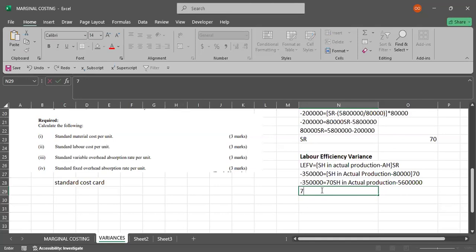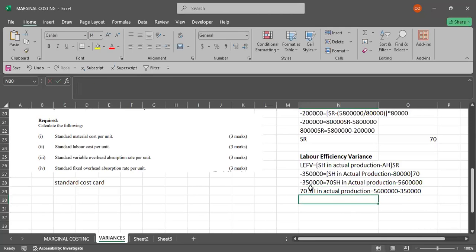So 70 standard hours in actual production is equal to, now this will be a plus when it crosses the equal sign, 5,600,000. Then now this will retain the negative sign.